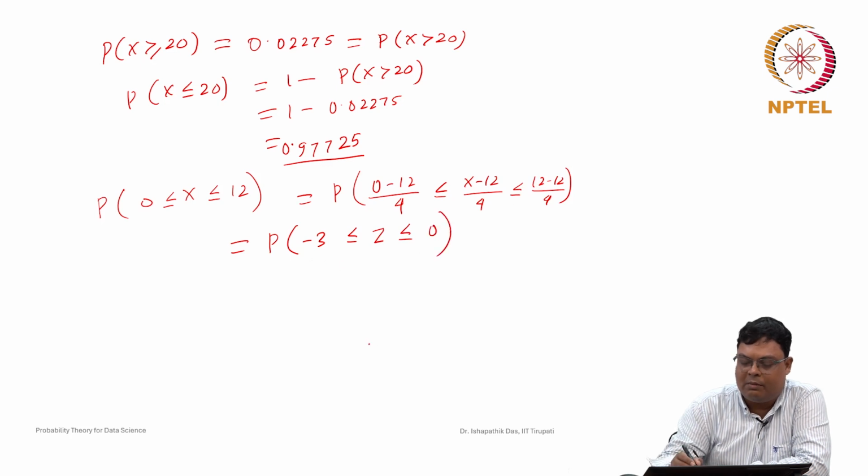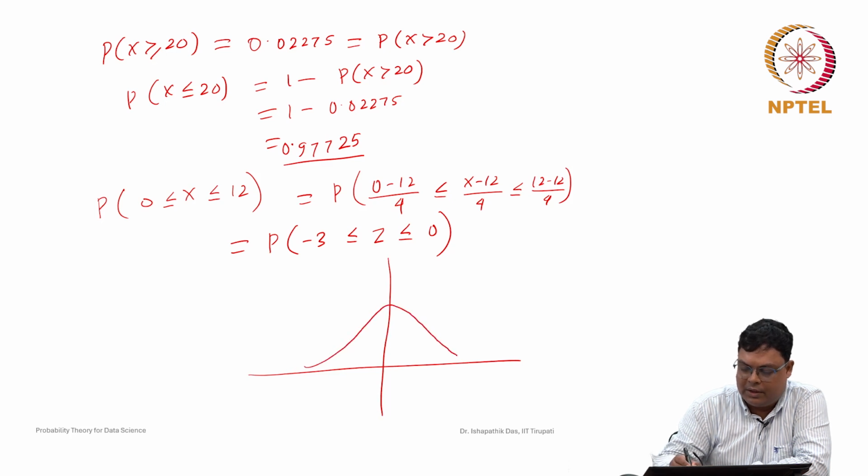So, this probability is nothing but, if you take the normal distribution curve, and I am trying to draw it approximately to understand this, suppose this is 1, 2, 3 and minus 1, minus 2, minus 3. Then it is asking the probability that z is between minus 3 and 0.